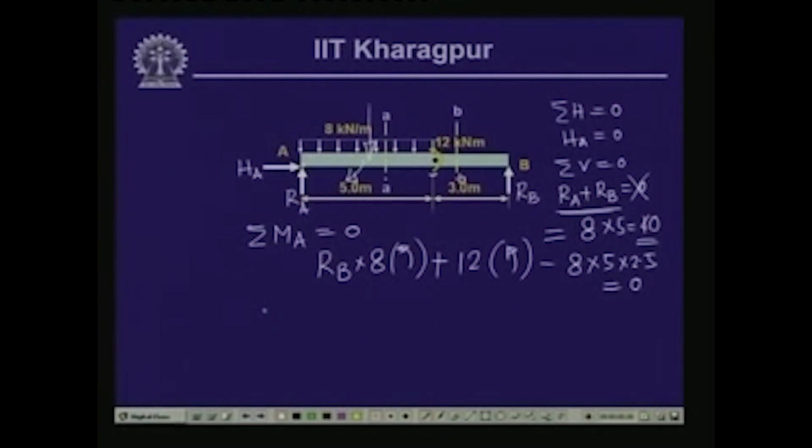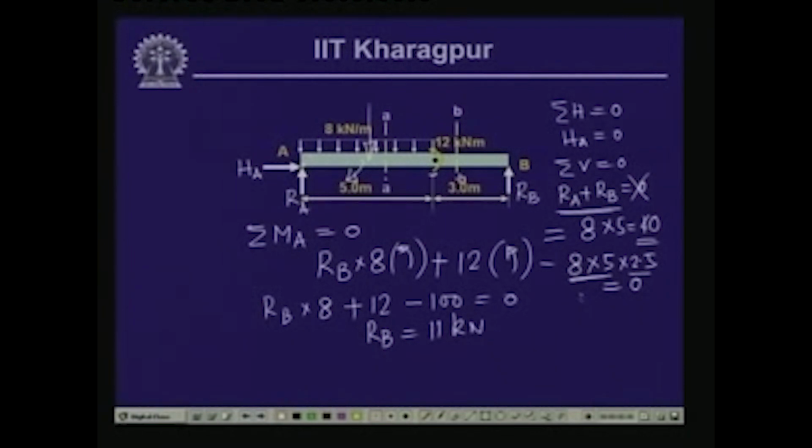So, this gives us RB times 8 plus 12 minus, this is 5 times 8, 40 times 2.5 is 100, equals 0. So, this gives us a value of RB equal to 11 kilonewton.